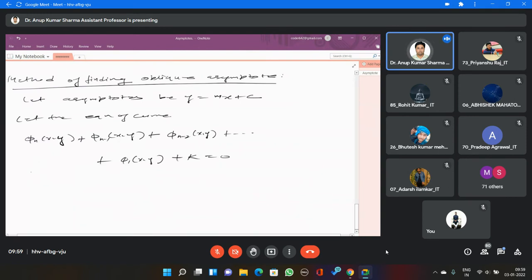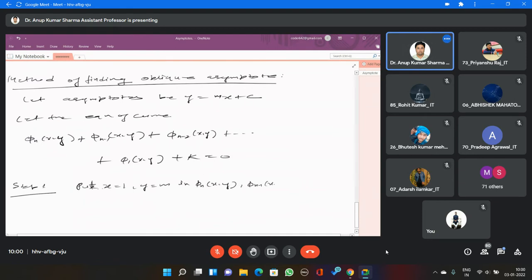Now I'm writing the steps here. Step one: put x is equal to 1, y is equal to m in phi n of x, y.